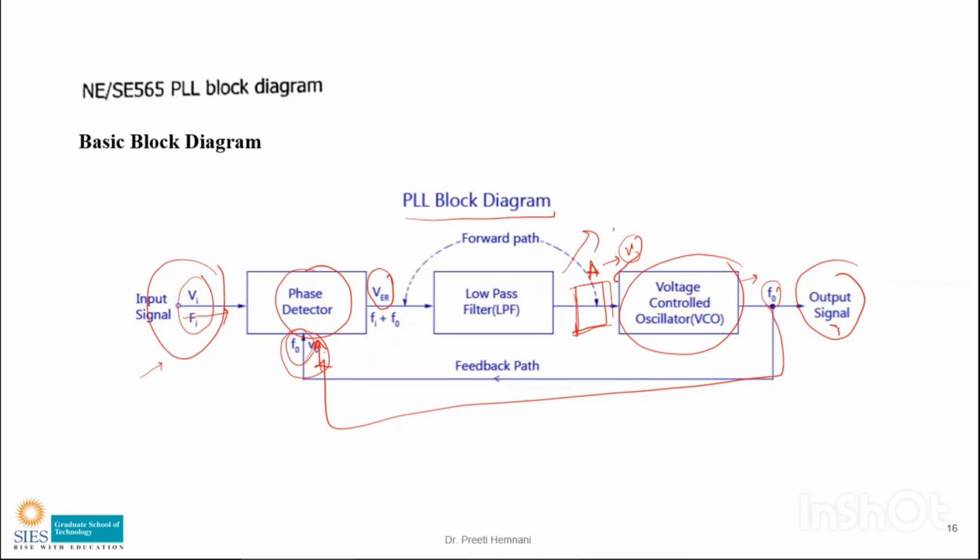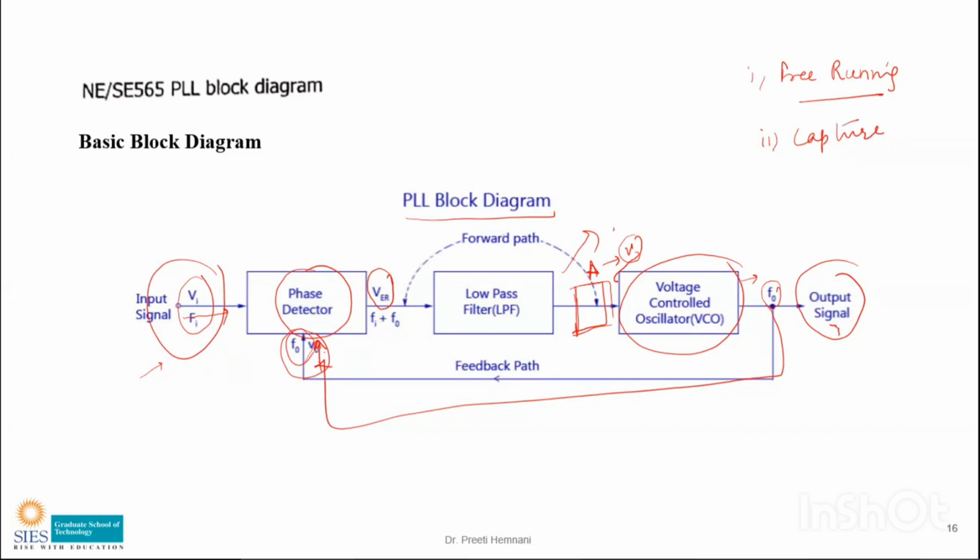So there are three states. The first one is free running, where your output will not be the same as the input frequency. Second is the capture range.